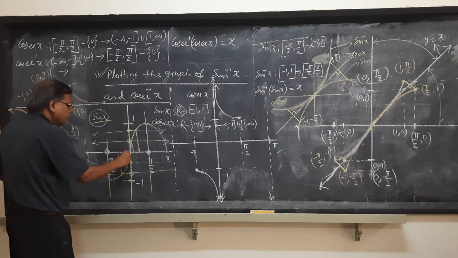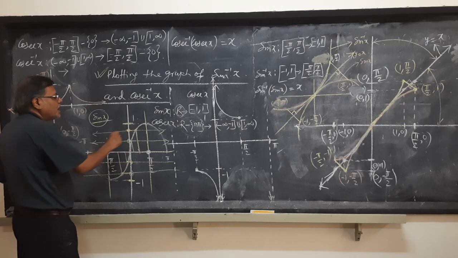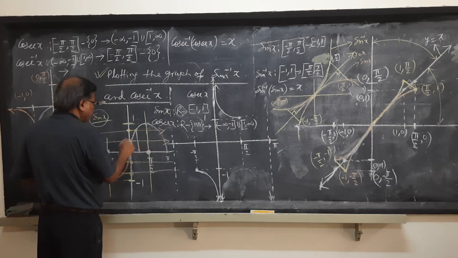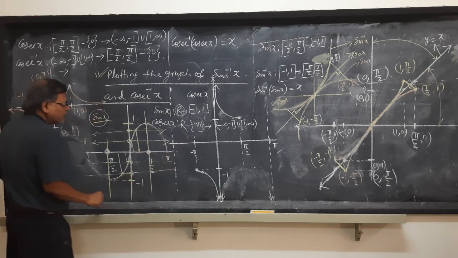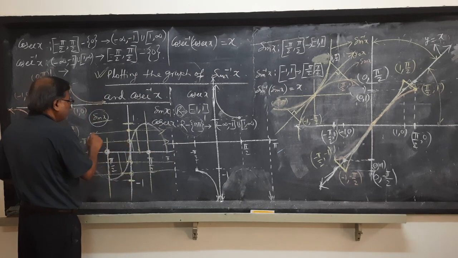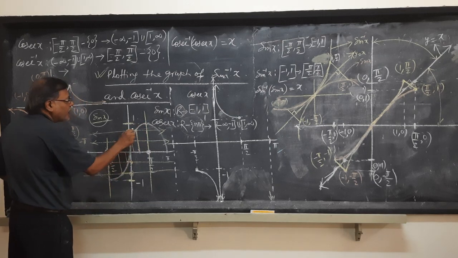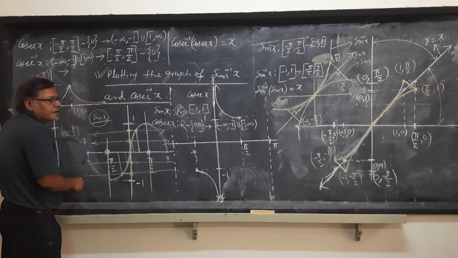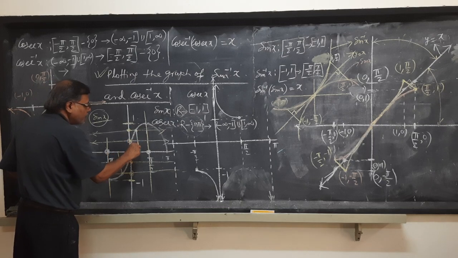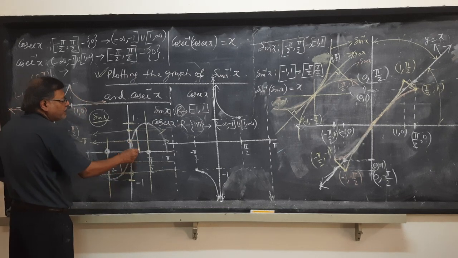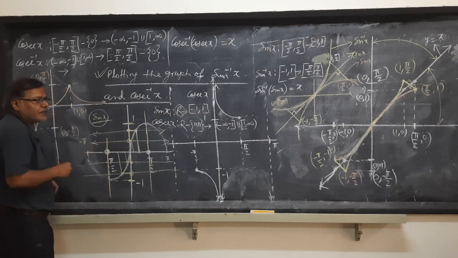The graph is restricted only up to this, and if we keep on drawing a line parallel to the x-axis, then you see this line intersects this curve at this particular point. So for that particular point, only one value of x and only one value of y can be obtained.